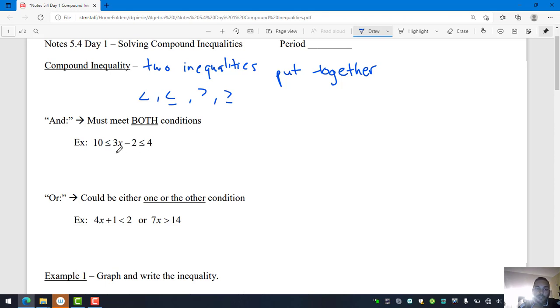For example, the example listed here is 10 is less than or equal to 3x minus 2, and it's also less than or equal to 4. Whatever x is in this scenario, it's got to meet both requirements in order for it to be in the correct interval.